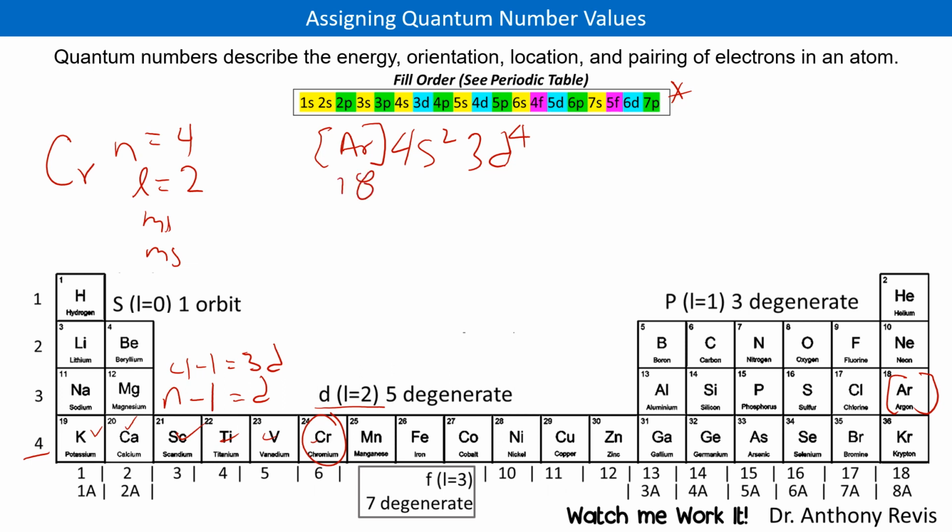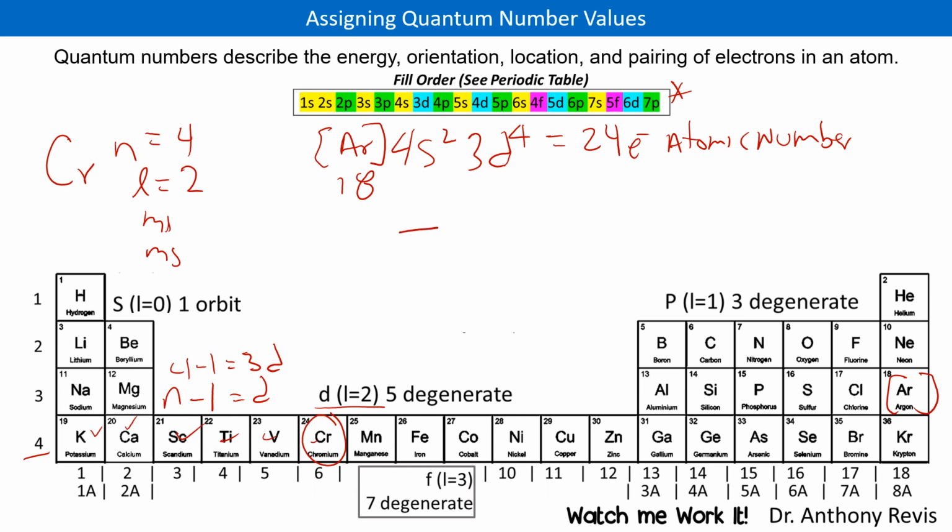And then we have 18 plus 1 plus 5 equals 24 electrons there. So that's the total number of electrons for chromium. That's its atomic number. So we have that just for fun.